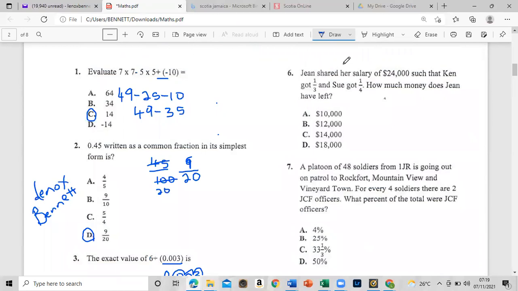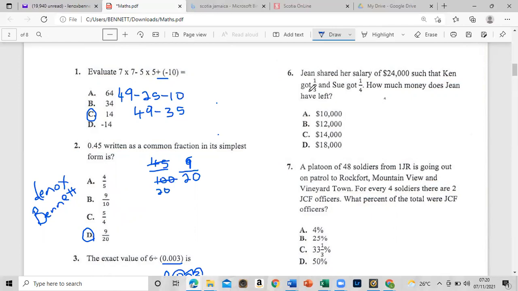All right, Jean shared her salary of 24,000, such that Ken got 1/3 and Sue got a quarter. How much does Jean have left? So we can do one of two things. We can either add 1/3 and a quarter, and then we find the remainder and then we subtract.